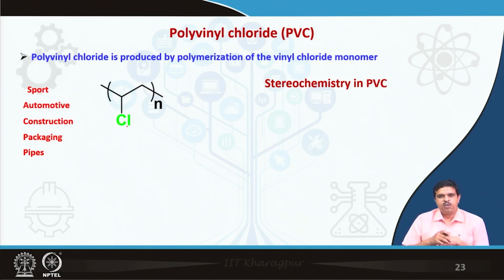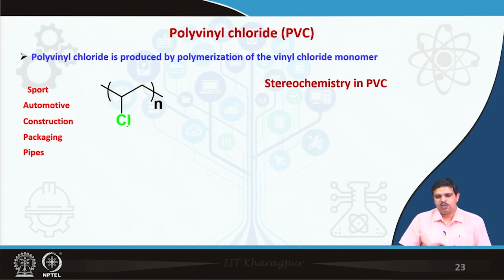Why are we discussing PVC? Because if you look around your classroom, in many cases in this room you will find PVC material, the tiles, the pipes, all are made of PVC. It is a very popular polymer.